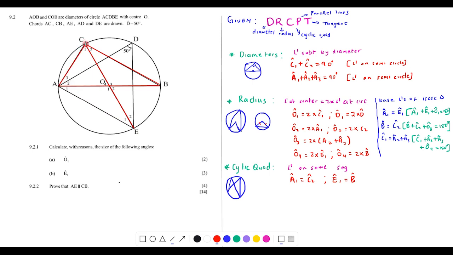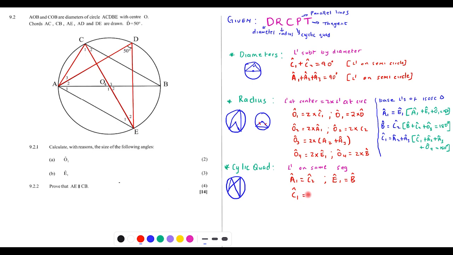There's also another one there. So in that one, what do we see? We can see C1 is equal to D, right?